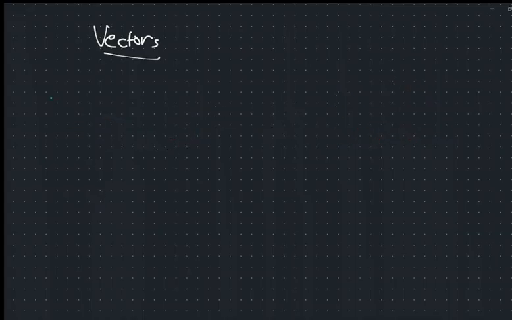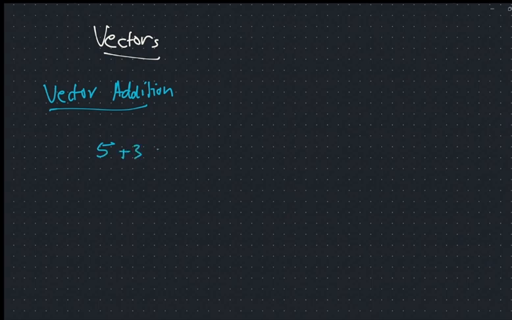The first concept that I want to explain is vector addition, because it's really different than normal addition. In normal addition, if you have 2 quantities, for example 5 plus 3, you just add them directly and you will get a certain result.